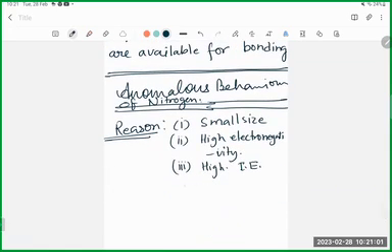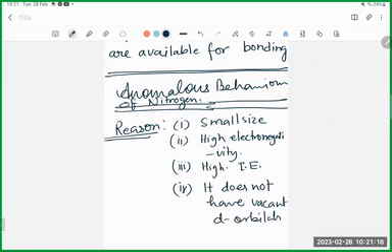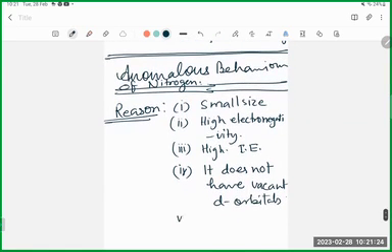Then, most important, it does not have vacant d orbitals for bond formation. That's why it cannot extend its valency beyond 4, right? So that is the reason it cannot form a compound with more than 4 covalency, correct? And it has the capacity to form only p pi-p pi bonds, not more than that.